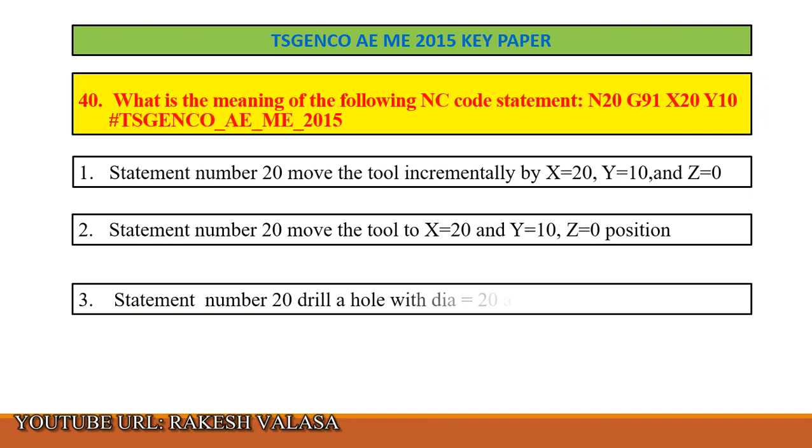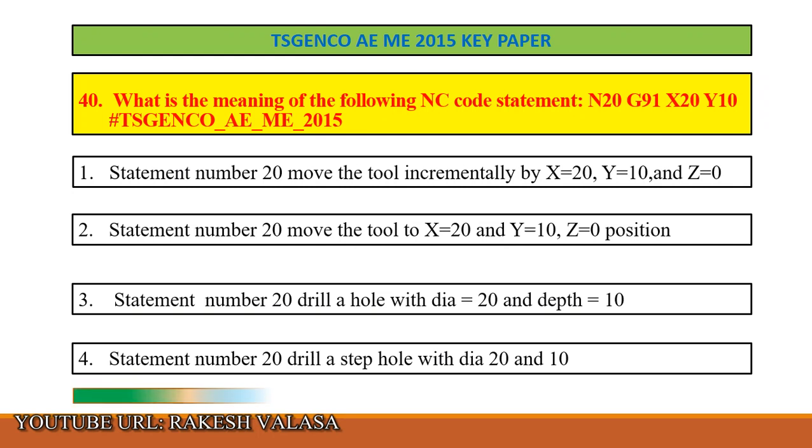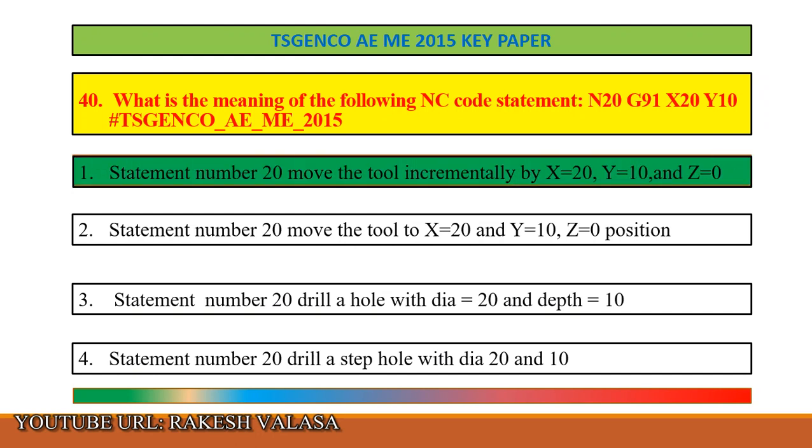Option 3, statement number 20, drill a hole with a diameter of 20 and depth 10. Option 4, statement number 10, drill a step hole with a dia 20 and depth 10. The correct answer is statement number 20, move the tool incrementally by x20, y10 and z0.